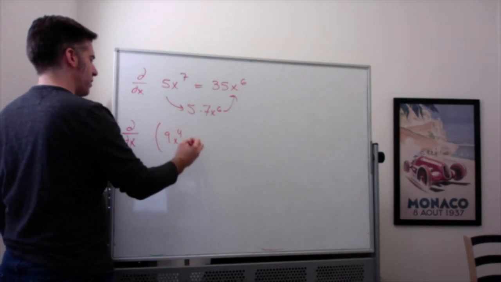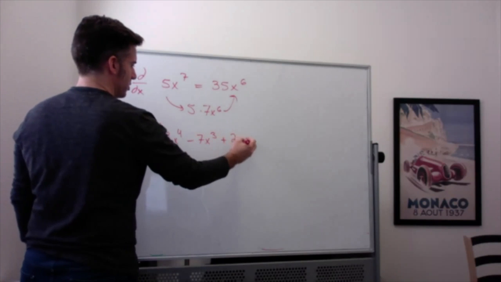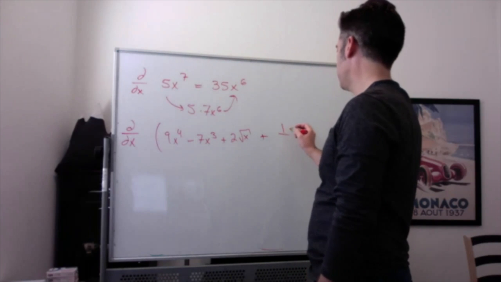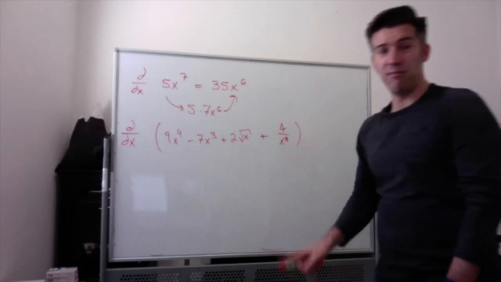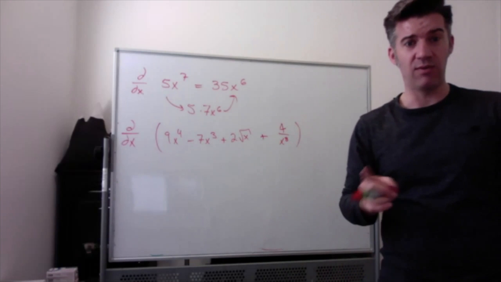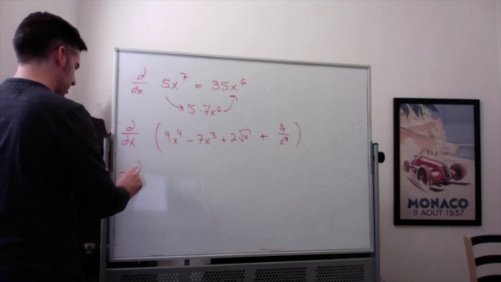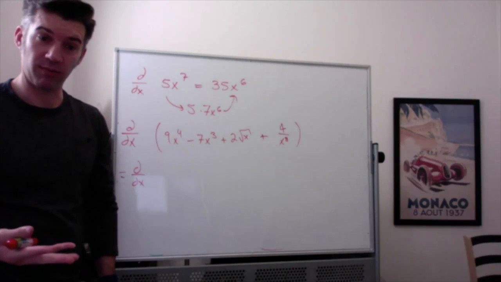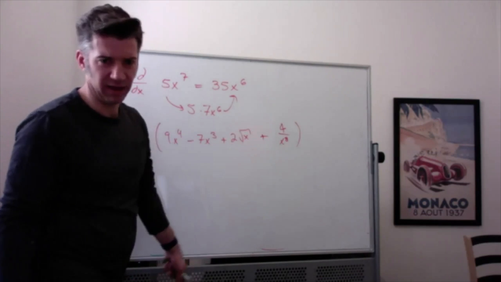9x to the 4th minus 7x cubed plus 2 square roots of x plus 4 over x to the 8th. And before taking the derivative, I would do something. I would rewrite this just a little bit, just to make sure that everything was like x to a power instead of a root of x or dividing by x to a power.